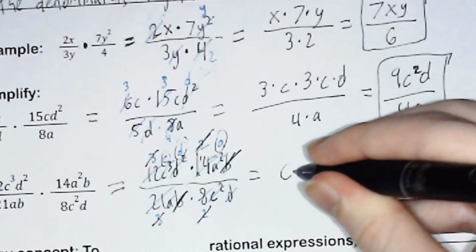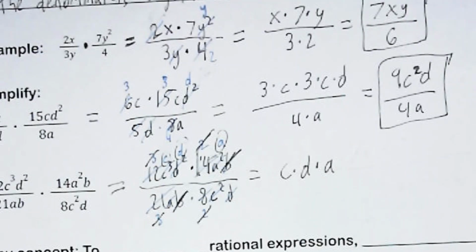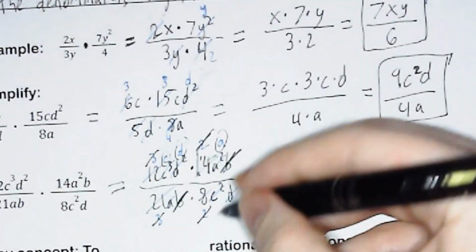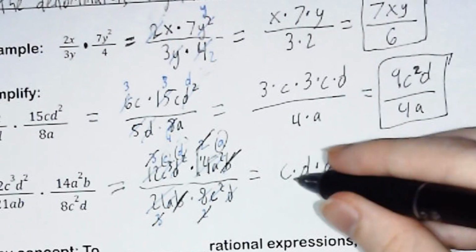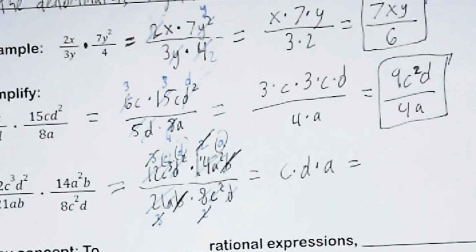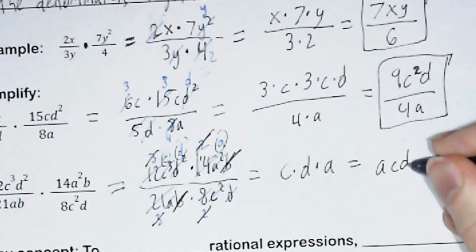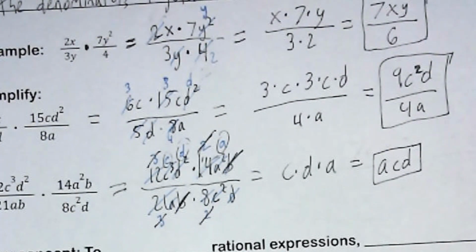So we have C times D times A, and everything on the bottom has been completely canceled out. Now when you're left with 3 variables like this, the best thing to do is put them in alphabetical order. That's just simply the best way to write it. So our answer is ACD.